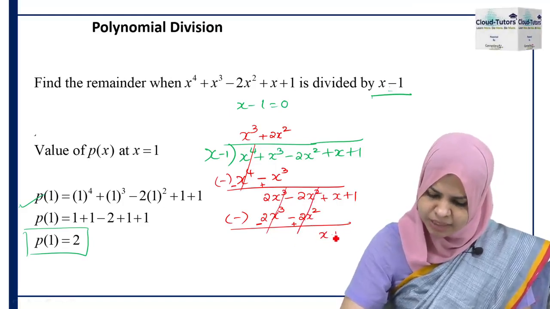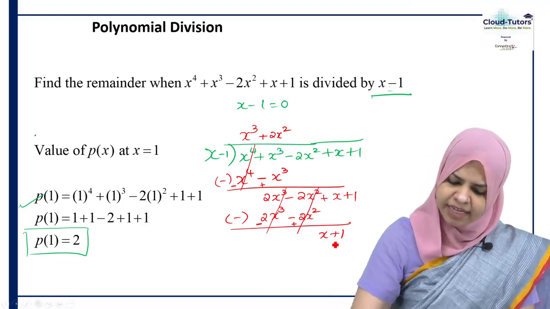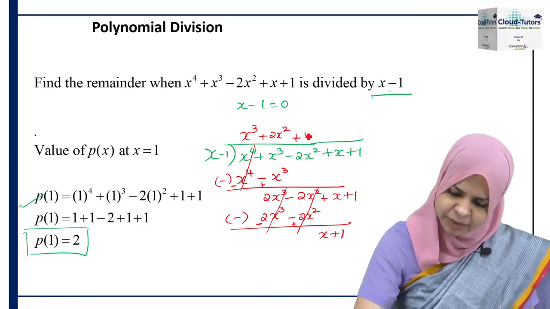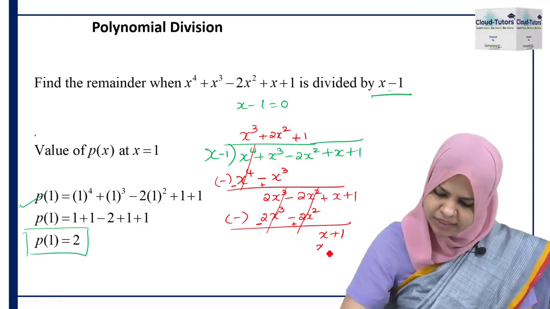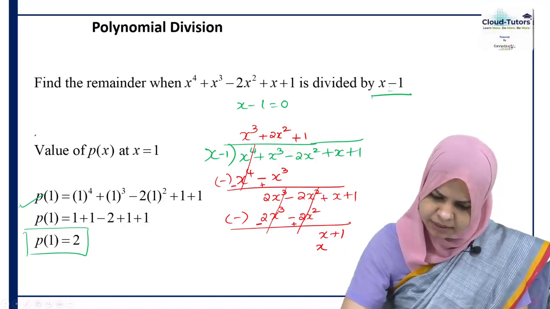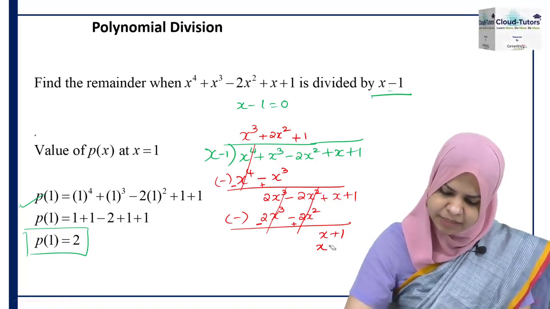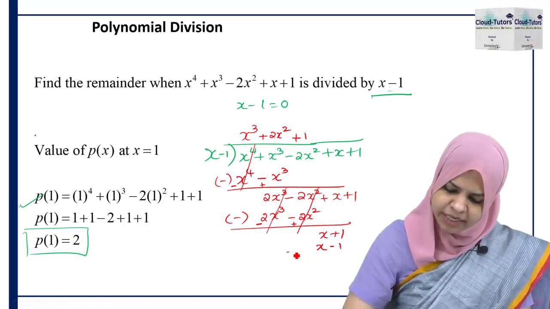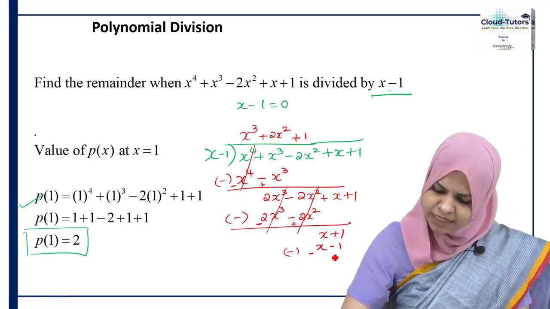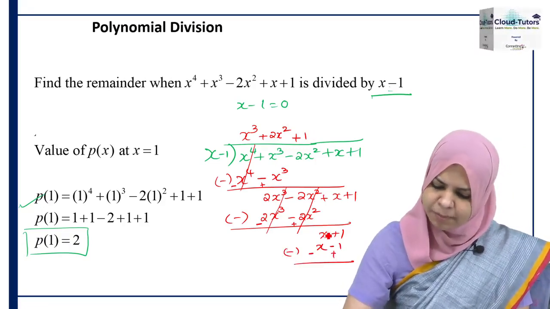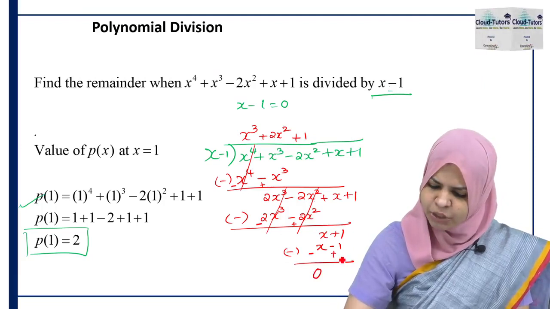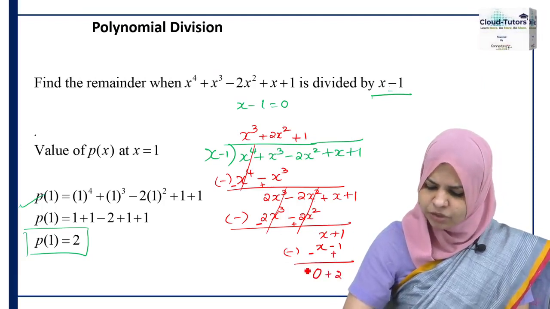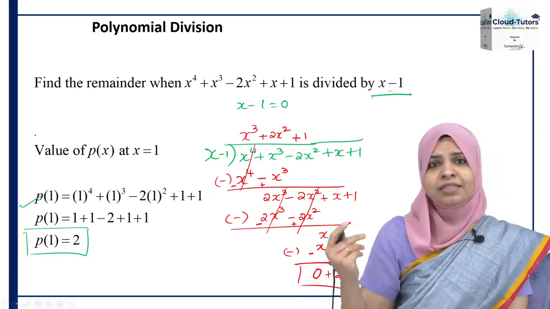What remains? x plus 1. So I have x and x. So divided with plus 1. Plus 1 into x is x. Then plus 1. Sorry, x minus 1. So I need to subtract it. This becomes minus. This becomes plus. So plus x minus x is 0. Plus 1 becomes plus 2. Voila. It's the same answer, right?